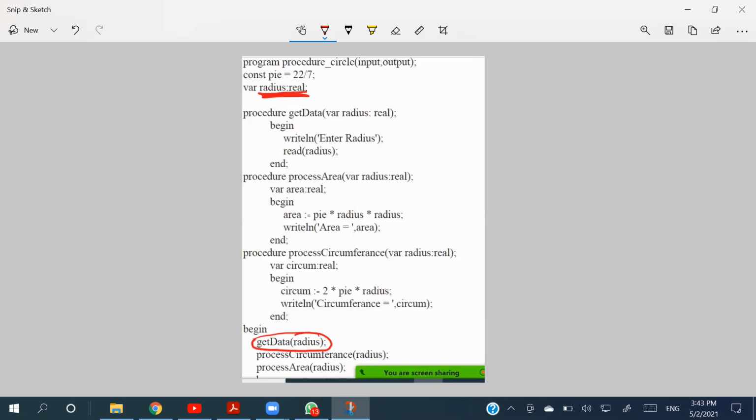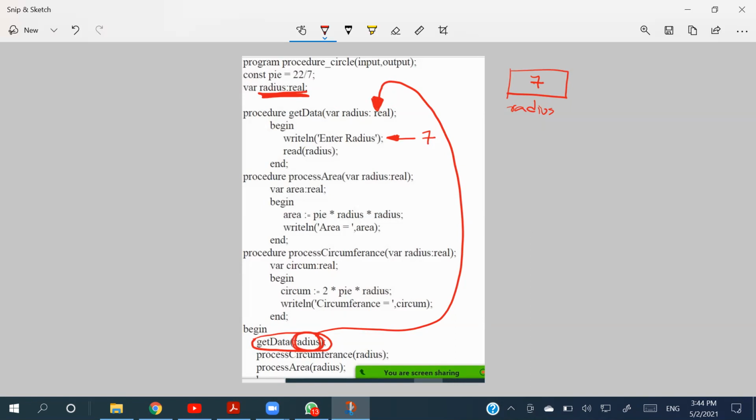So that particular radius will be passed from here to this particular place. Since it is being passed from this, the program will ask a value for the radius. Let's say as an example, 7 is given. Then 7 is read for the radius. Now in the memory, there is this radius variable which holds 7 now, right?